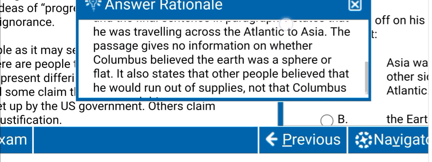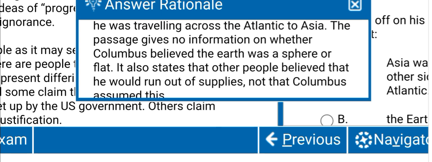The passage gives no information on whether Columbus believed the earth was a sphere or flat. It also states that other people believed that he would run out of supplies.